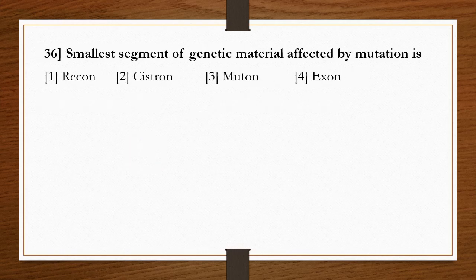Question number 36. The smallest segment of genetic material affected by mutation is: option 1, Recon; 2, Cistron; 3, Muton; 4, Exon. So now let's know the definitions of these words.